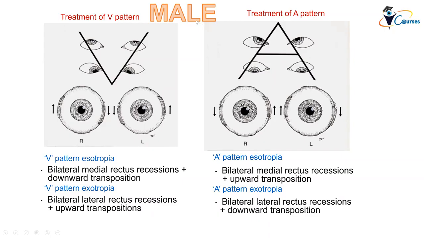If I'm going to do lateral rectus recession, I am going to transpose the muscle toward the edge of the V or the edge of the A. So the edge of the V will be upward in case of correction of V pattern, and the edge of the A will be downward in case of A pattern. Okay, easy now.